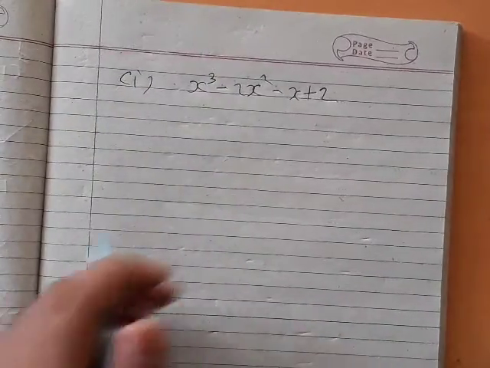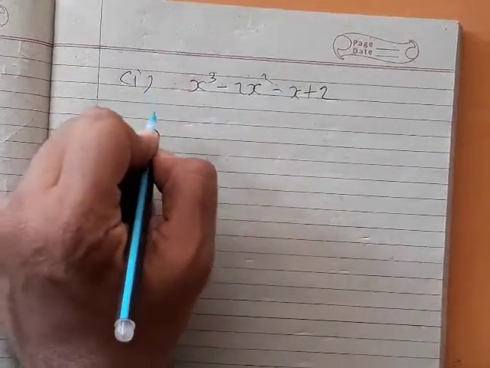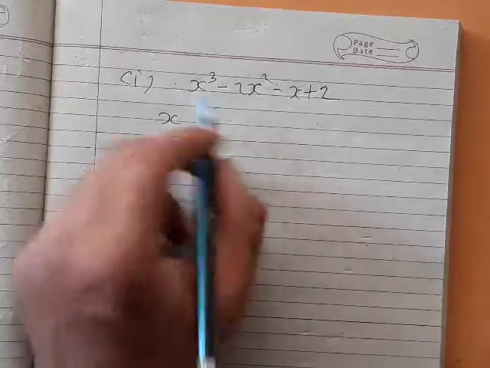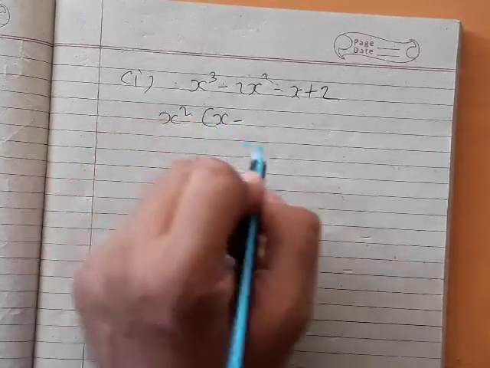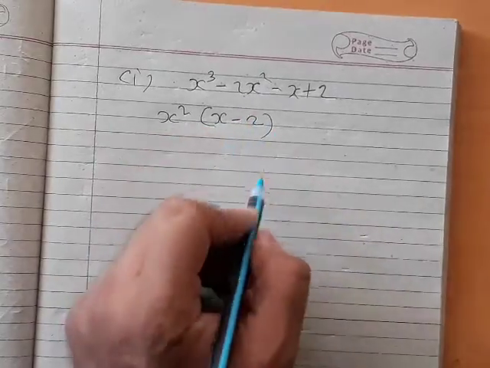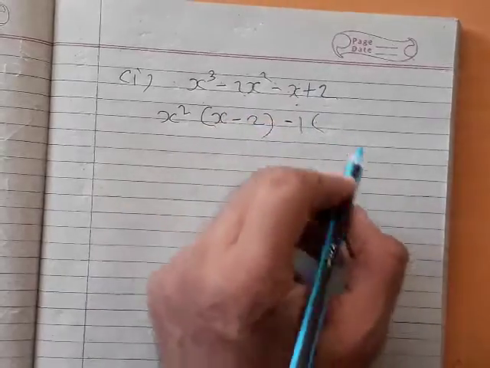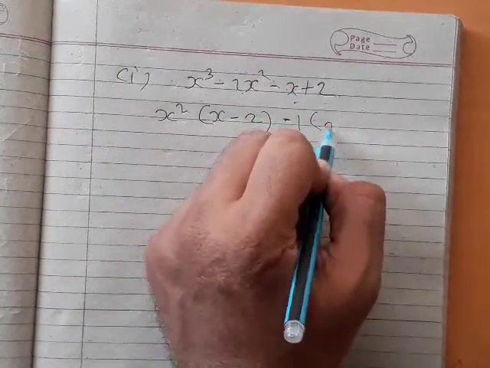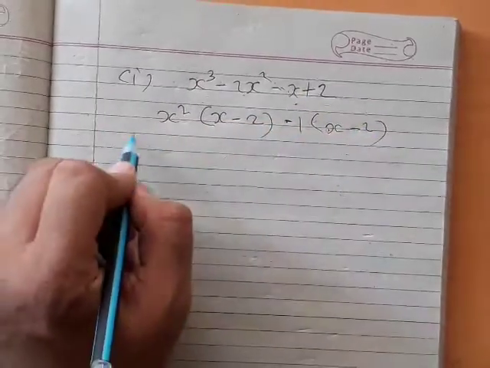See, if I take x square common from these two, here x will remain and here 2. From these two, if I take minus 1 common, the minus will change the signs, so minus becomes plus and plus becomes minus.